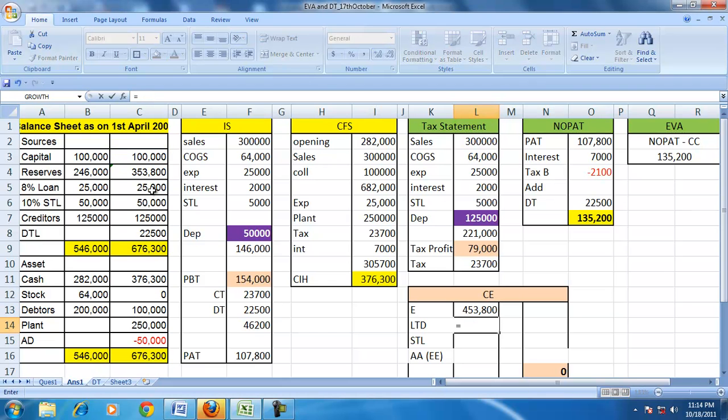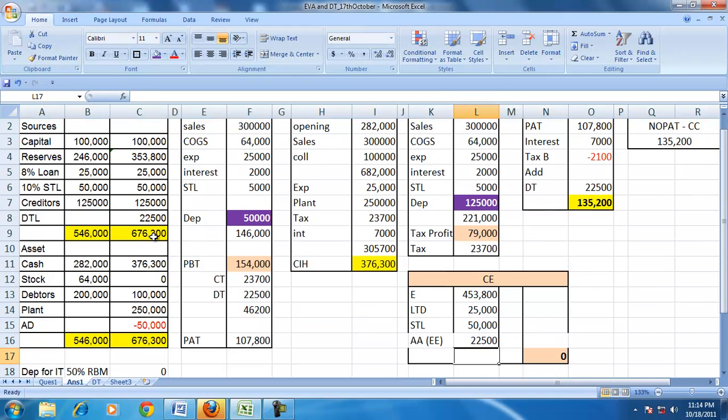The long-term debt is 25,000. The short-term debt is 50,000, and there's an accounting adjustment because this is no more recognized, so therefore the entire DTL becomes a part of the equity. So this is called accounting adjustment, but that will be treated as equity.